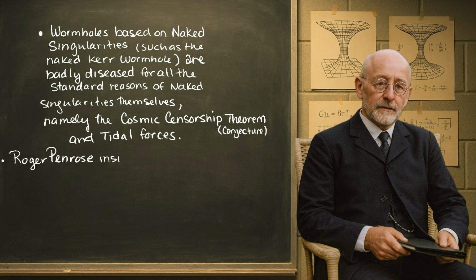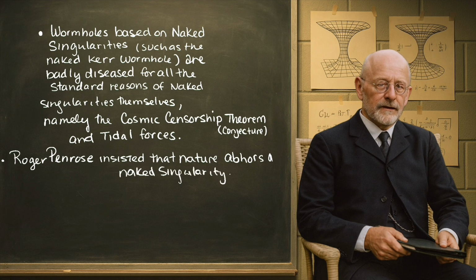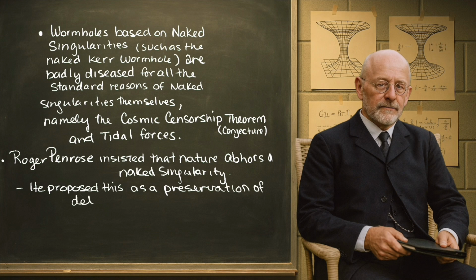It was Roger Penrose who insisted that nature abhors a naked singularity, proposing the preservation of determinism in Einstein's equations. And this is not a theory, but for now remains a conjecture.